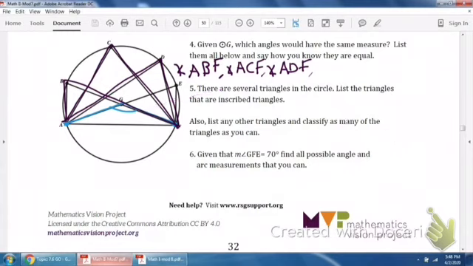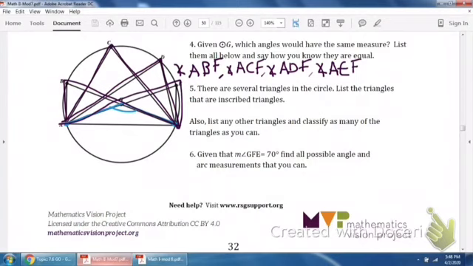AEF would all have the same intercepted arc. So all of those angles right there, they all intercept the same arc, which is the blue one. I can't even see what that is now.